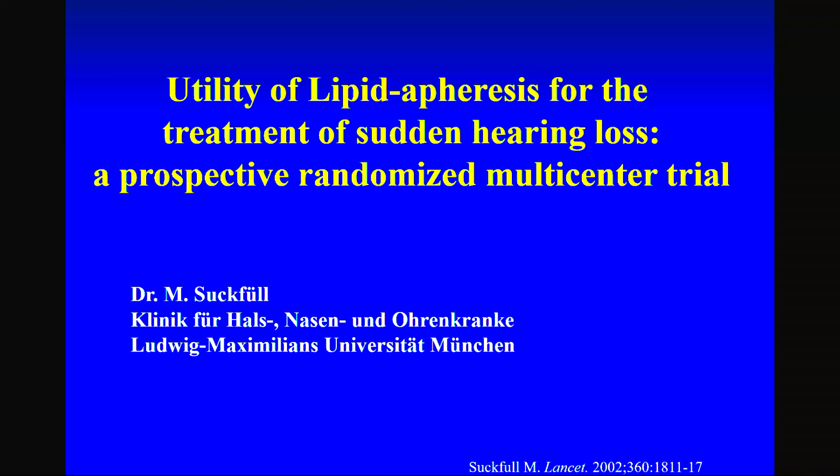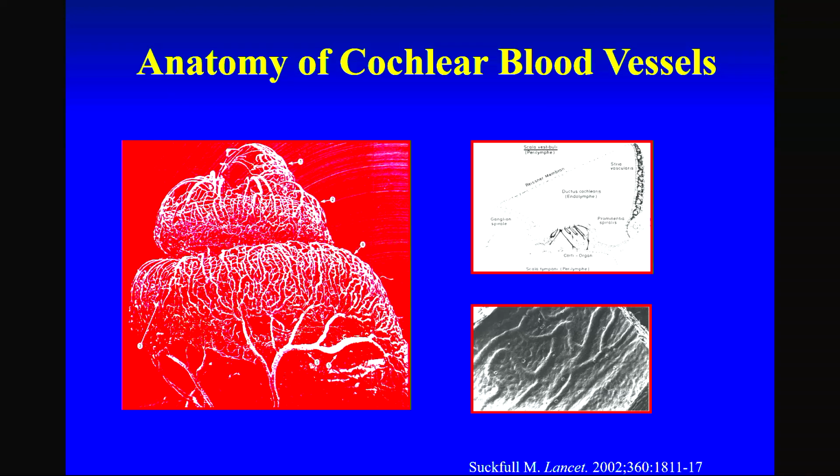Well, in Germany, what they do is they hospitalize patients with acute deafness. They put them on IV fluids. In this study, this is for unilateral idiopathic acute deafness. If you can see the vasculature of the cochlear blood vessels, it's very, very tortuous.